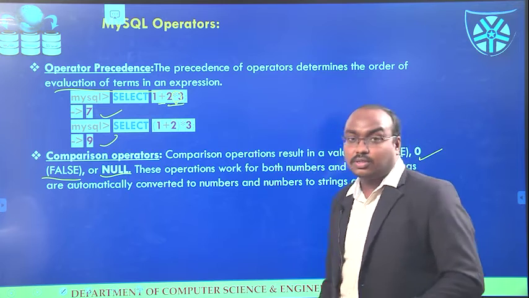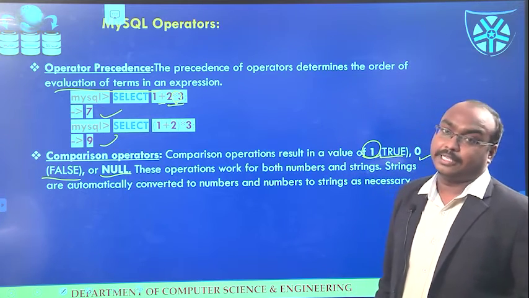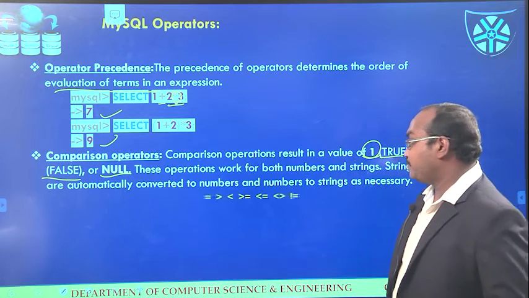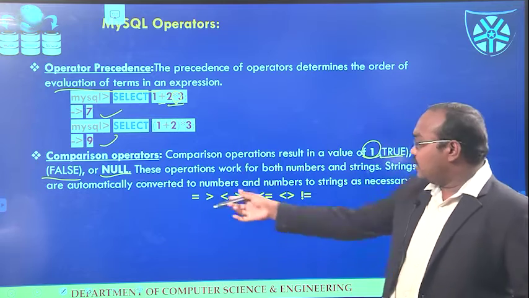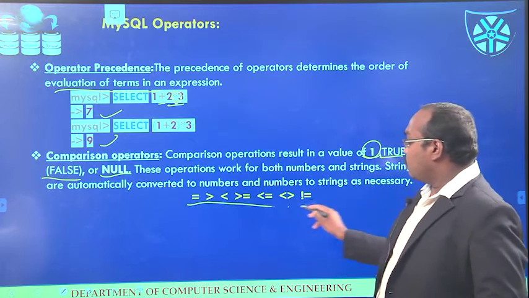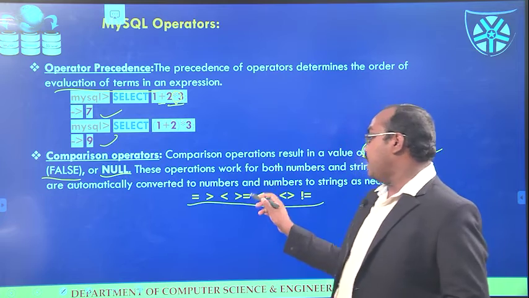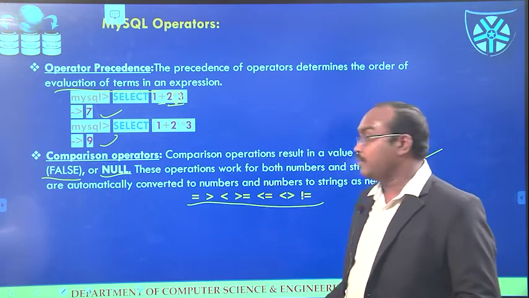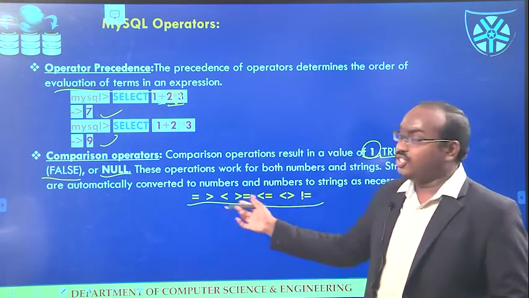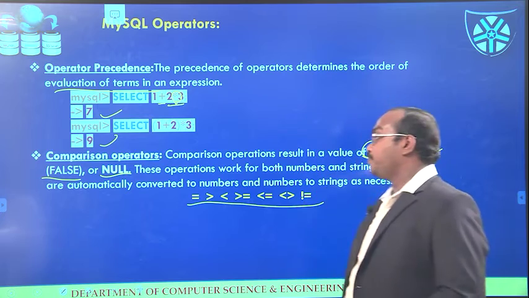So these are the three values the comparison operator will return. Let us take an example. These are the symbols we use in comparison operators: equal, greater than, less than, greater than or equal to, less than or equal to, and so on.